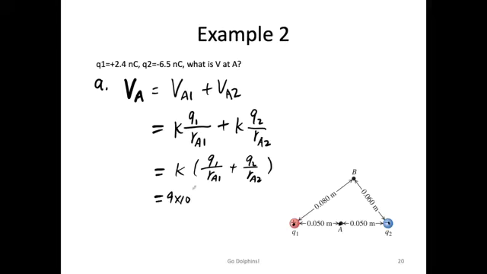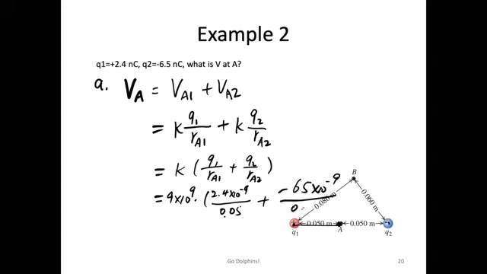9 times 10 to the 9, and Q1 is 2.4 times 10 to the negative 9, and the distance between A and Q1 is 0.05 meter. Q2 is negative 6.5 times 10 to the negative 9.